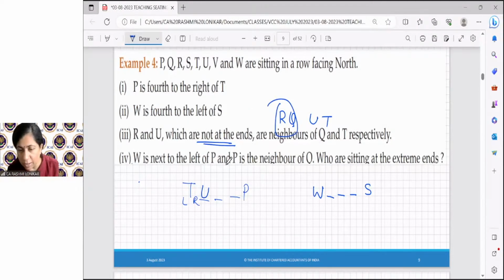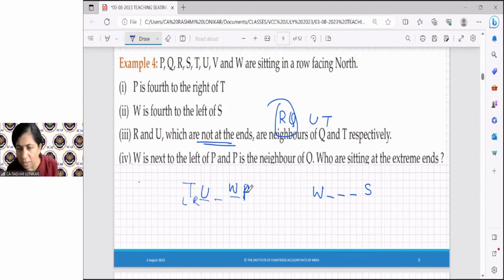W is to the left of P and P is the neighbor of Q. W is sitting to the left of P. So this is my P, and its left, therefore, I must have W here.